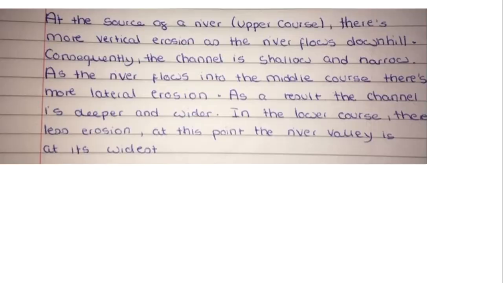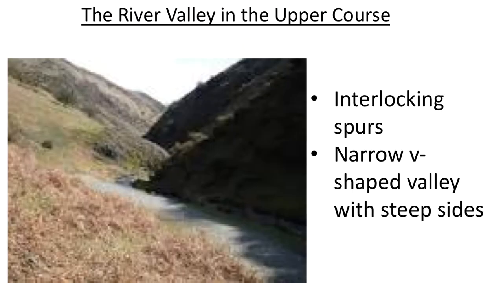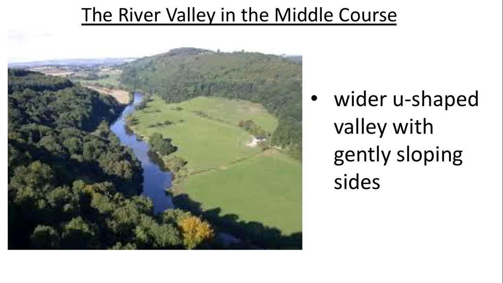But let's say we wanted to explain how the river valley changes. In the upper course, there is vertical erosion. Think about it. The river in the upper course is high above sea level. And gravity is pulling that river down, so it erodes vertically. In the middle and lower course, the river's not so high above sea level.